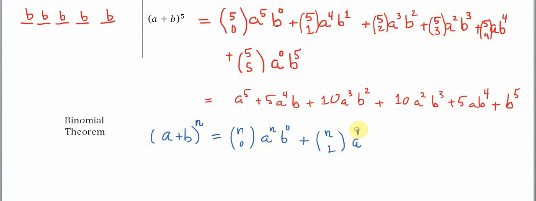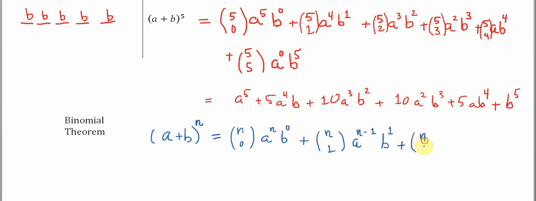And then we lose a power from the first term. That should be n minus 1. And we gain a power in the second term. So this power up here decreases by 1, and this power here, for the b's, goes from 0 to 1. Okay.